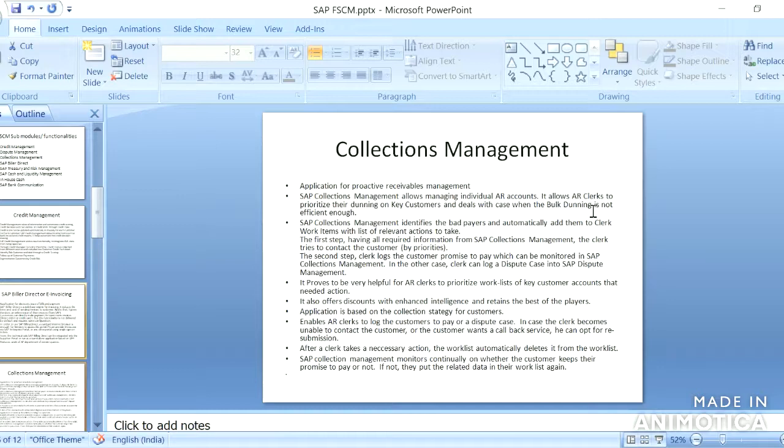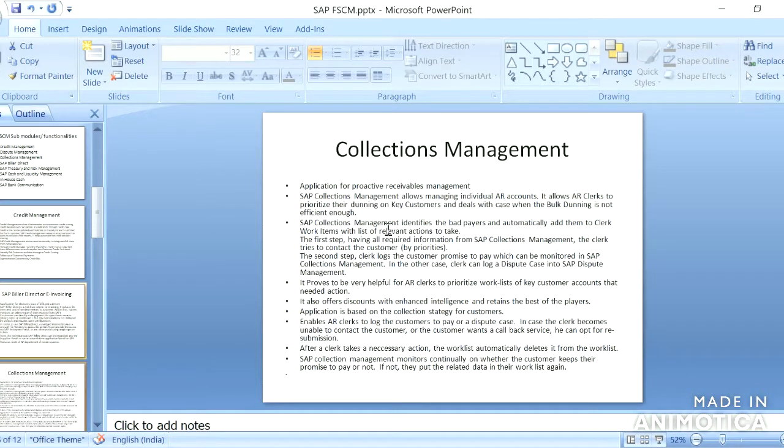Normally, whenever there are overdue items, they will generate dunning letters in bulk and issue those dunning letters to the overdue customers. But still, if they are not responding to those dunning letters, then we have to take action individually.